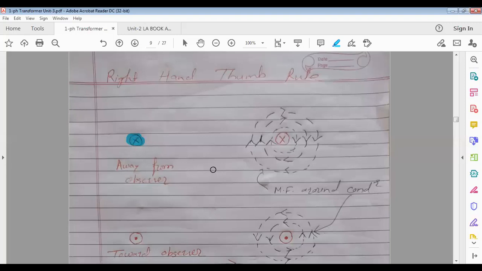Hold it in your hand parallel to ground, perpendicular to your face, and pass current through that conductor. Use arrow conventions. Consider the arrow moving away from you. What you can see is its tail, and the tail of that arrow looks like a cross. So cross conventions are used.